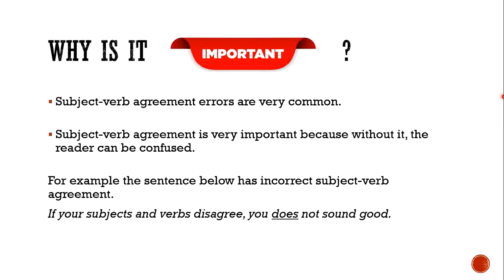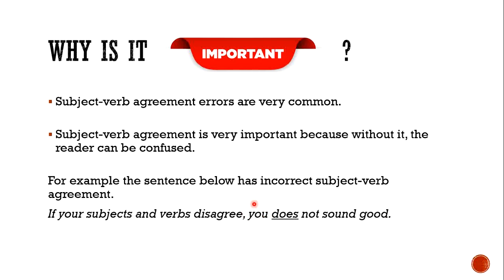Subject-verb agreement is very important because without it, the reader can be confused. If you look at this example, the sentence below has incorrect subject-verb agreement. If your subjects and verbs disagree, "you does not sound good." Does it sound good? It does not.